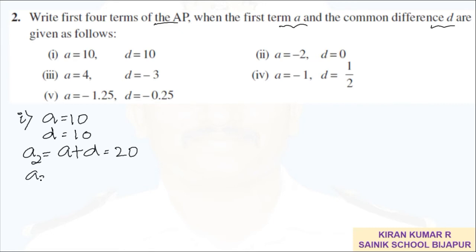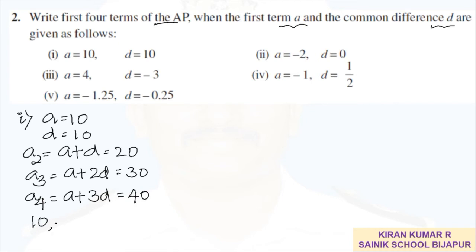The third term is A plus 2D, which becomes 30. The fourth term is A plus 3D. It becomes 40. So the first four terms are 10, 20, 30, 40, and the sequence continues.